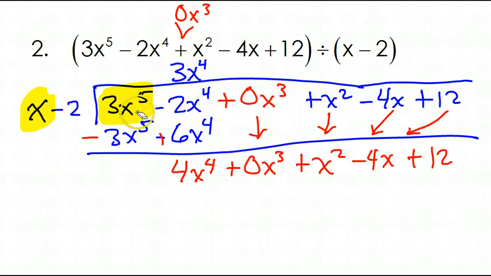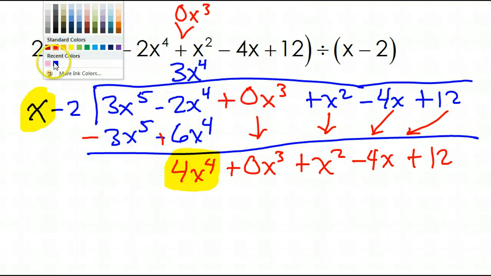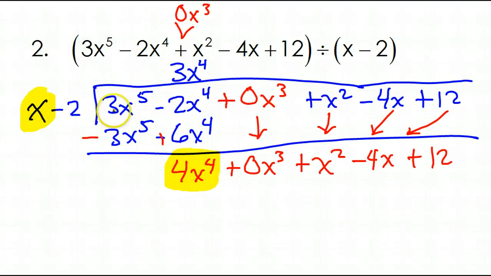Okay, and now I start over. So I ask myself, x times what will make 4x to the 4th power? Well, I need the 4 to make the 4, and I will need x to the 3rd power, because x times x to the 3rd power will make x to the 4th power.